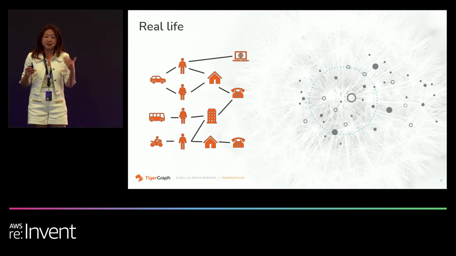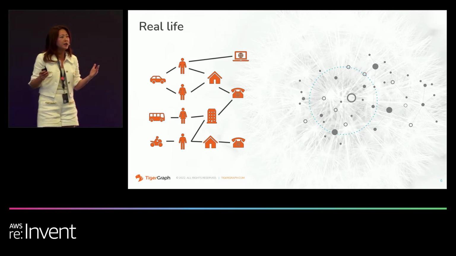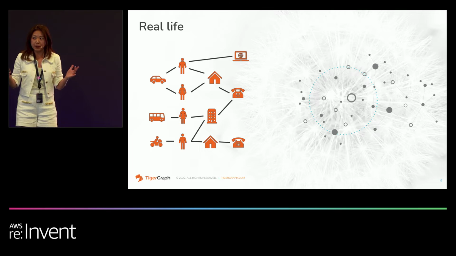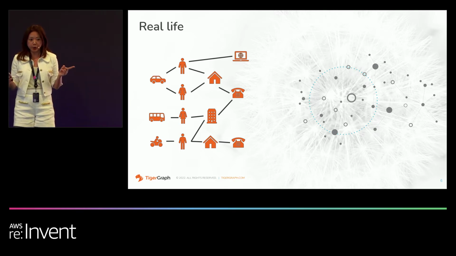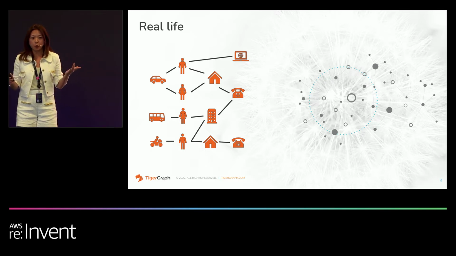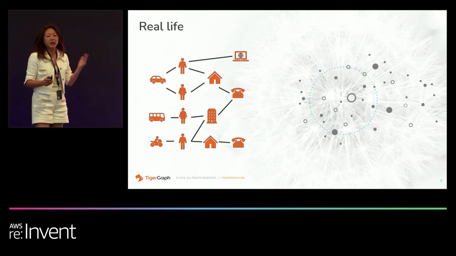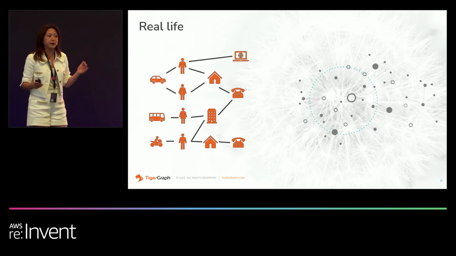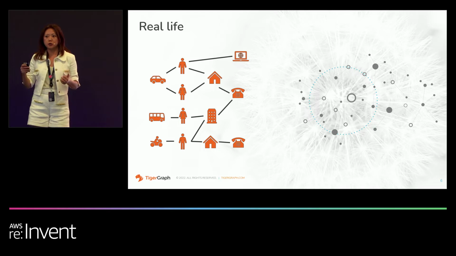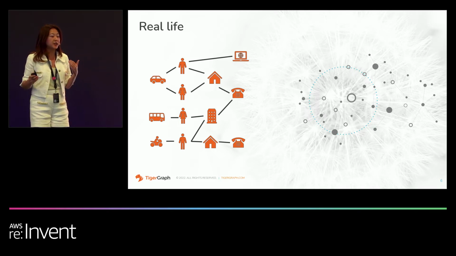Another scenario: what if you have many people with different home addresses, but they have the same phone number? That could be interesting or worrying, because that could be fraud. So the key point I want you to take away is that when you use graph technology, you can uncover insights that otherwise you wouldn't get with a relational database.